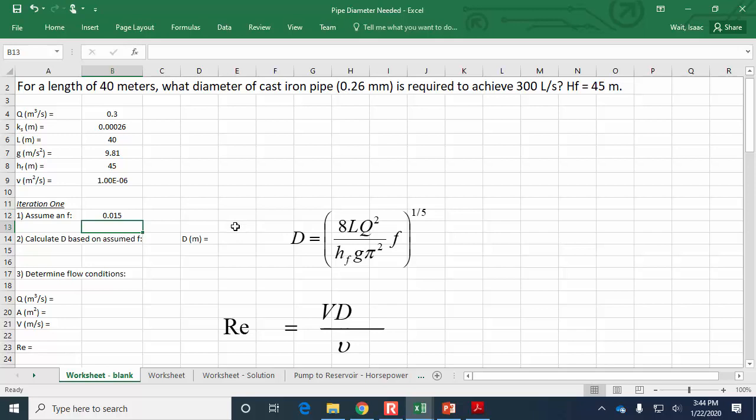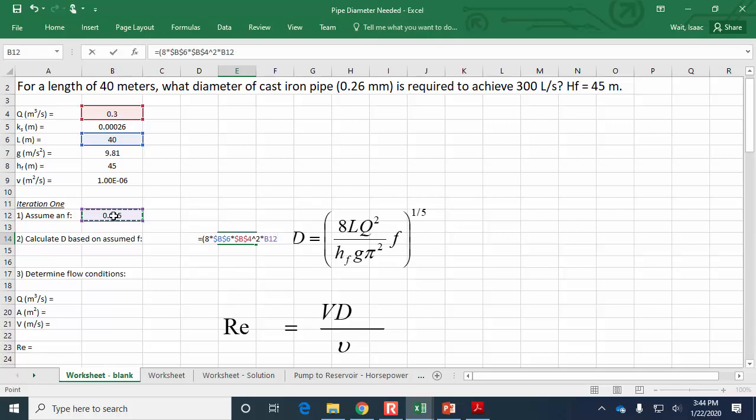Okay, so with that guess, now I'll use the formula to calculate what diameter would be required if that's how rough the pipe was. So equals 8 times the length, anchor that reference, times the flow rate, anchor the reference and square it, and multiply by F. So here's our assumed F value.